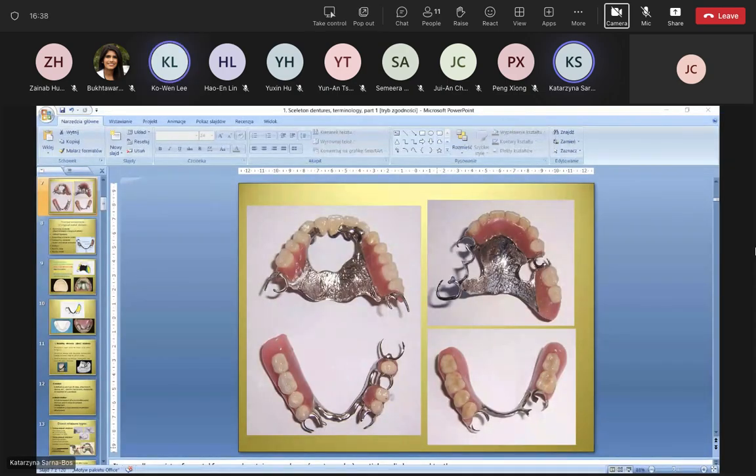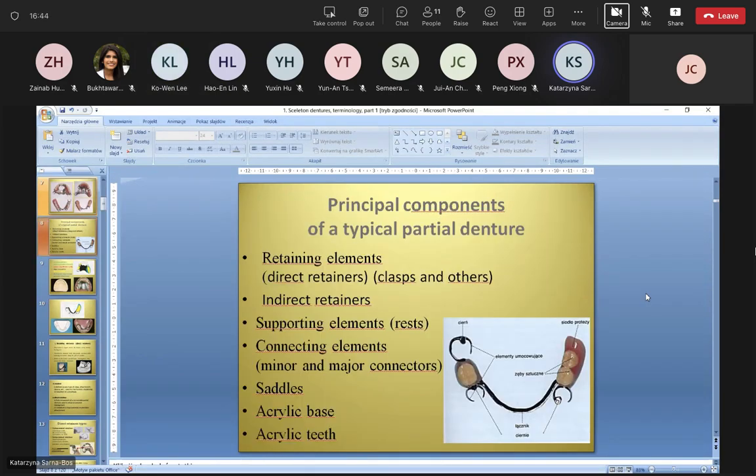Now I see the slide number 7. Okay, do you see that I'm changing the slide? Yes, it's number 8. So maybe I will be telling you when I'm changing the slide, and you will tell me if you see it or not, okay?